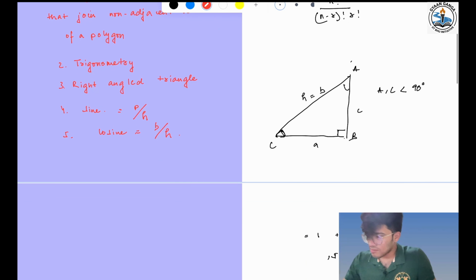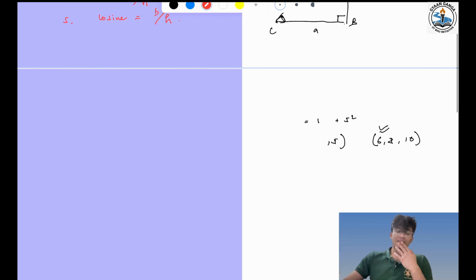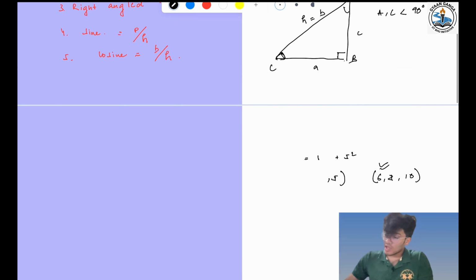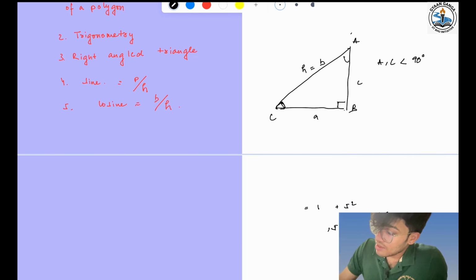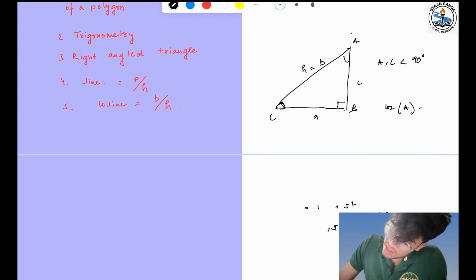Now base, as you might have figured out, is basically the side we have been neglecting so far. So in this case, cosine of A becomes the base, that is the side on which it is formed, which is C upon B.